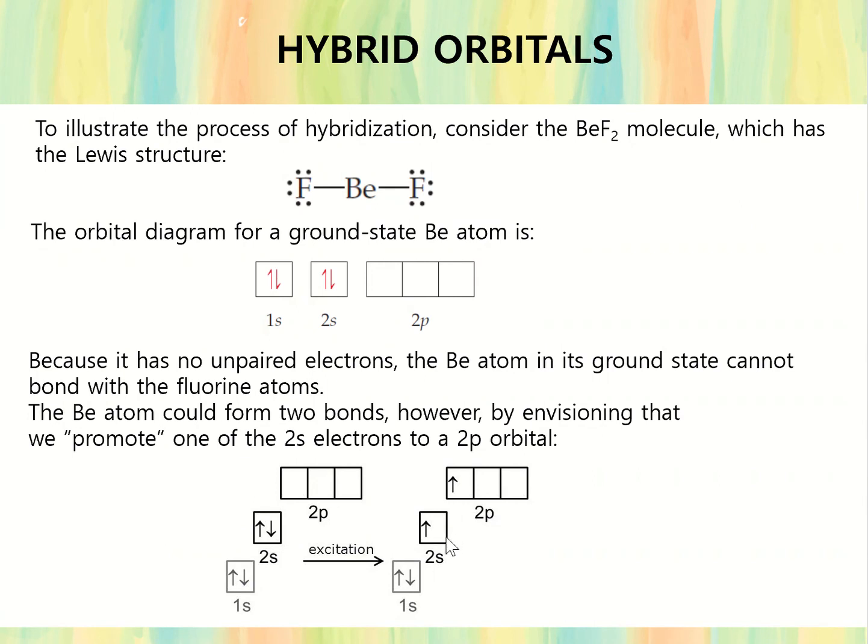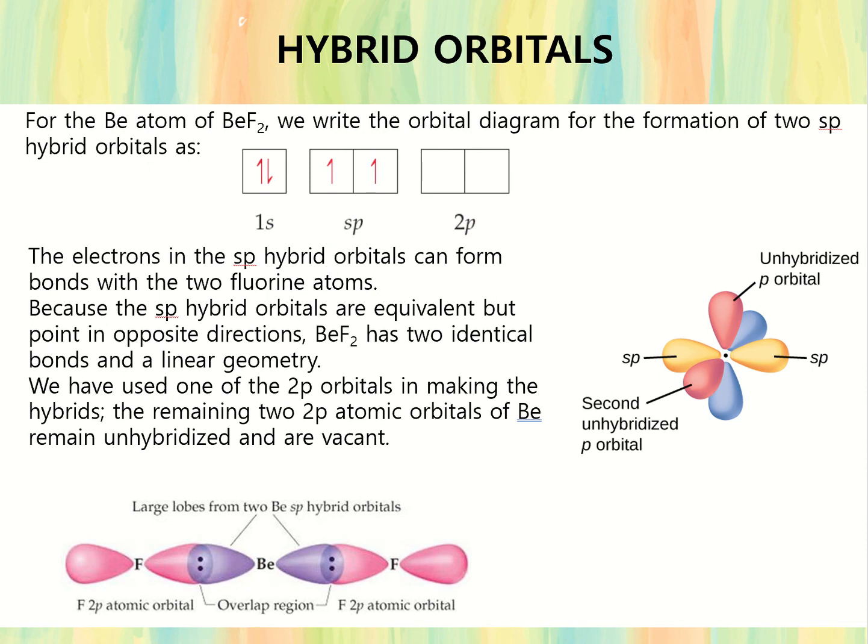There's a mixing of the 2s orbital and one of the 2p orbitals. So these two mix up, and that leaves the 2p orbitals here that are unhybridized. So that's what we're seeing here, the two unhybridized p orbitals, and the two hybrid orbitals.